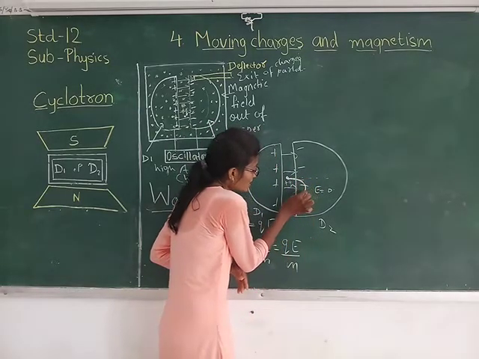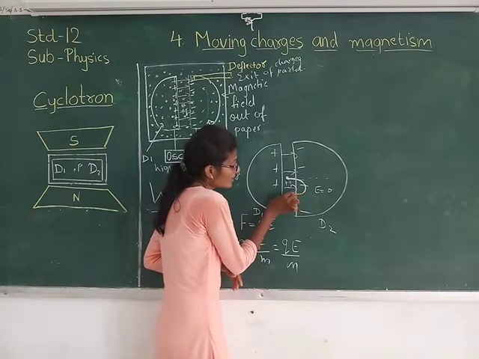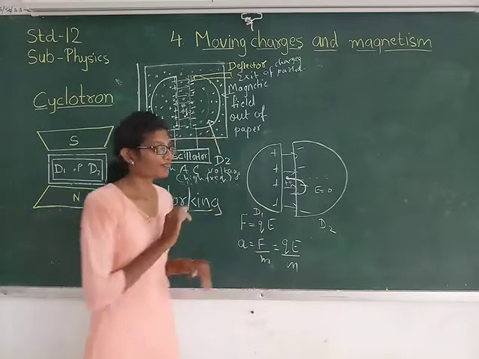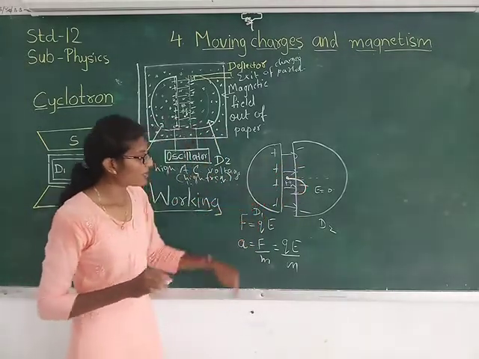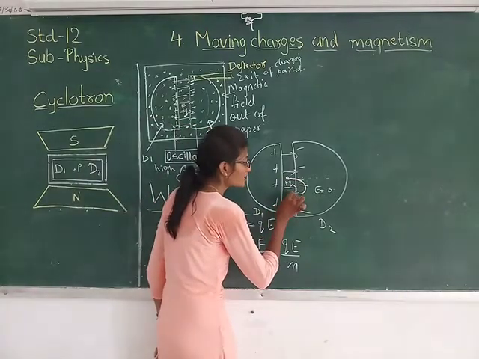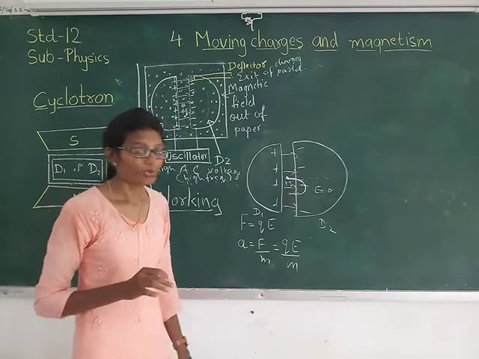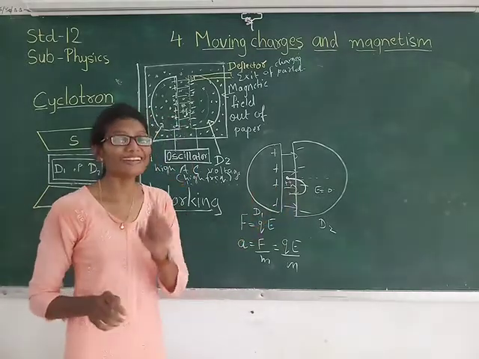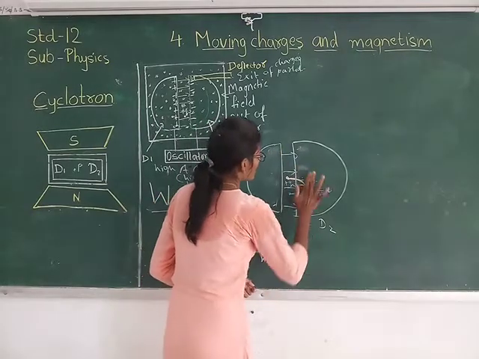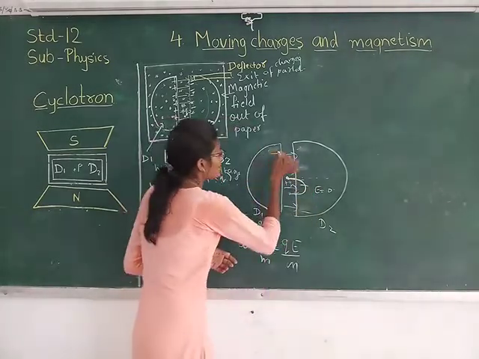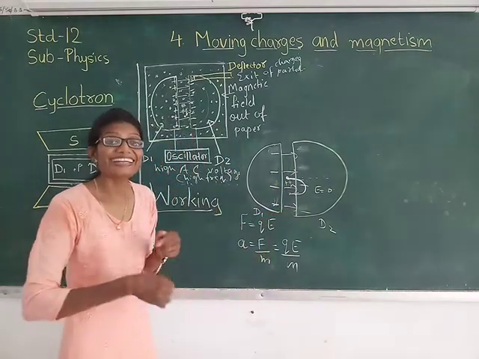It moves in a circular path, and when it comes out of the D2, because of the magnetic field, it moves in a circular path. But when it comes again between D1 and D2, at that time, because of the AC supply, the polarity gets changed.